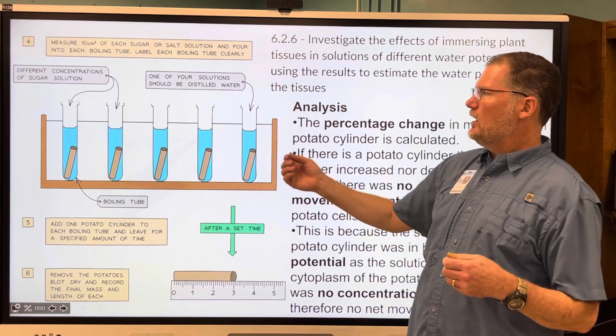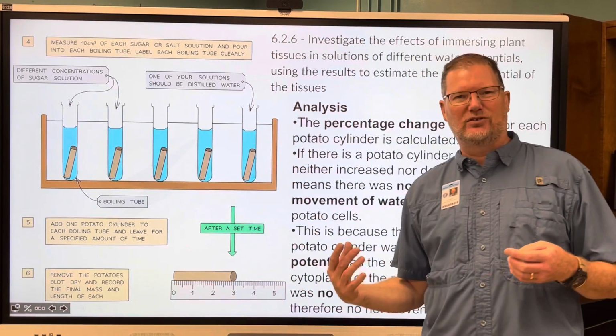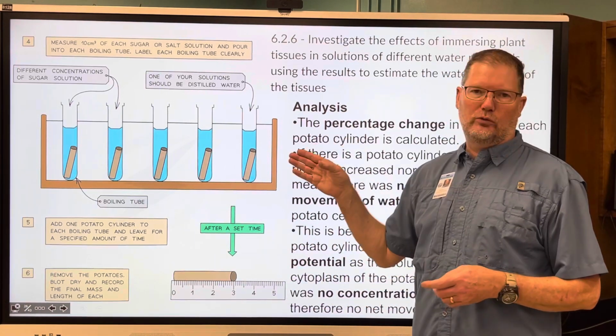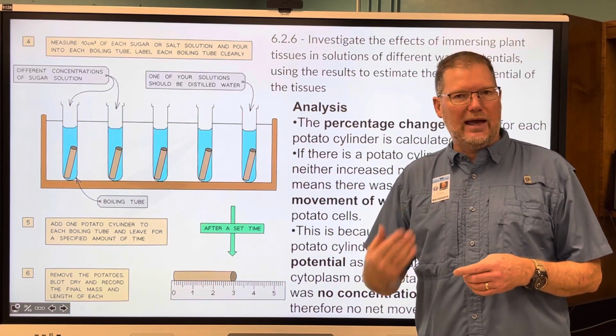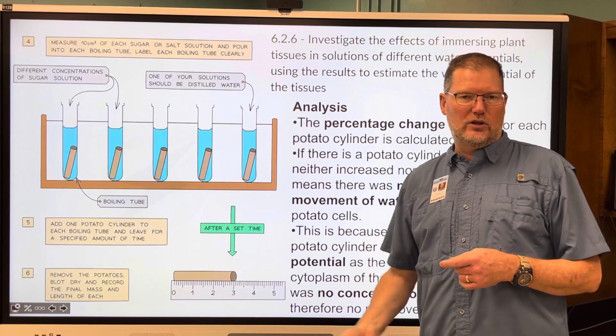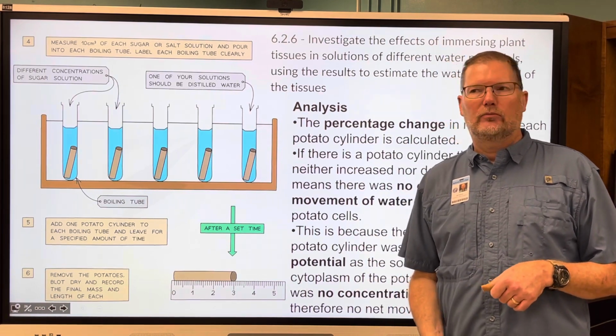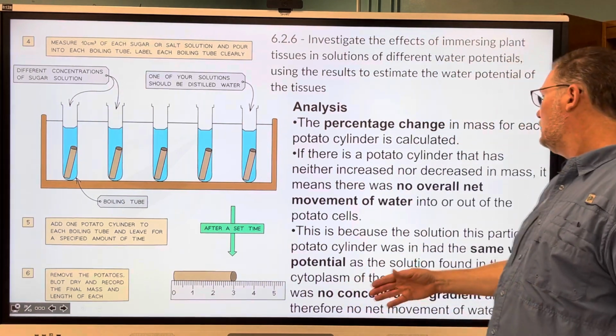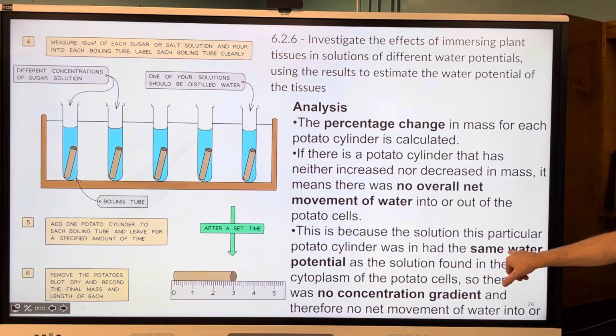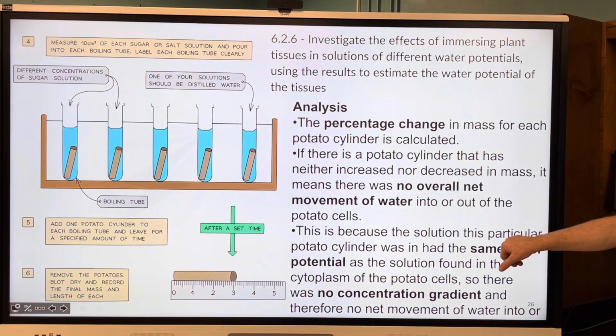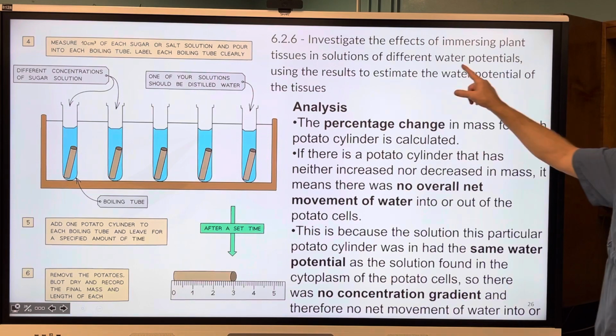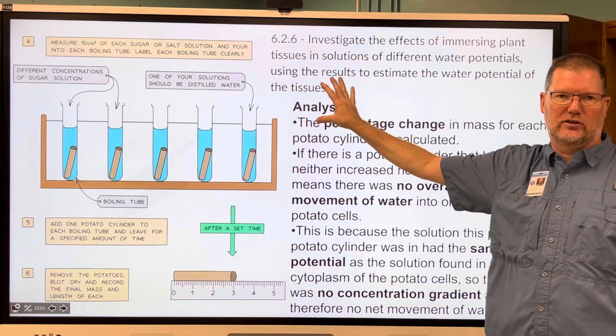You might not use sugar, you might use something else. But you can also put tissue samples from animals and do this the same way to estimate the water potential of those tissues. That was the purpose of this.